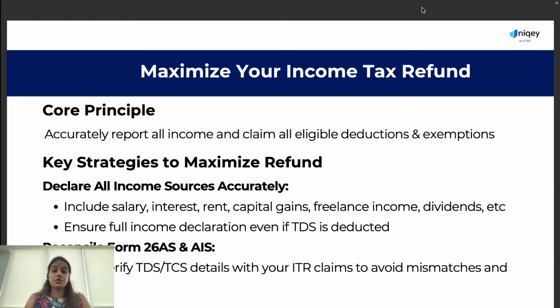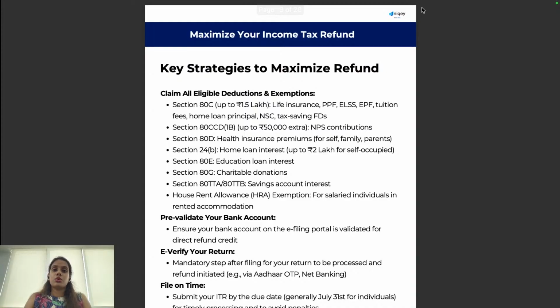The strategy is to declare all income sources accurately, including salary, interest, rent, capital gain, freelancing income, dividend income, whatever sources of income you have. We need to ensure full income declaration, whether or not TDS is deducted on it. We need to reconcile it with Form 26AS and AIS as well, and cross verify TDS and TCS details with your ITR claims to avoid mismatch and delays. So these are the key strategies to maximize your refund.